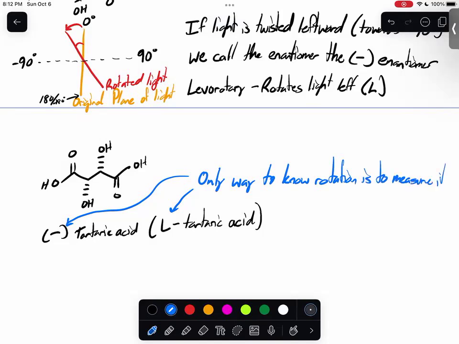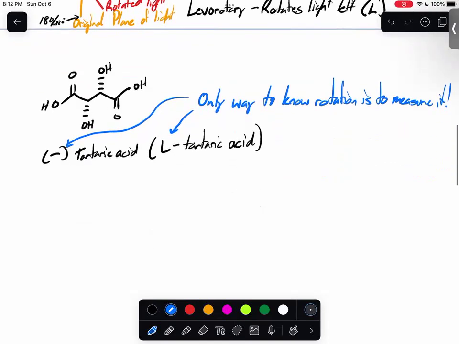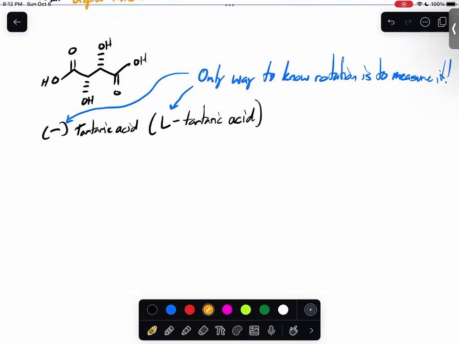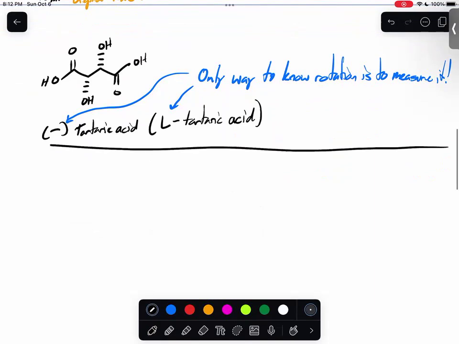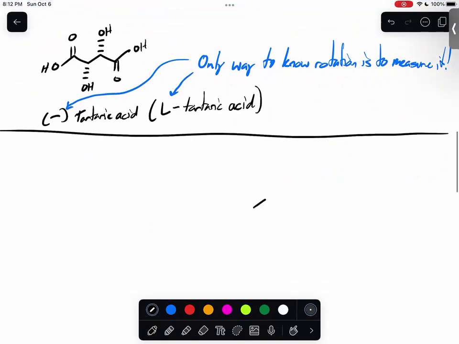All right. With that said, we can also take a look at the other enantiomer. If this is the minus, that would mean the other enantiomer, the RR tartaric acid, must be the opposite, because in the case of R, it rotates light to the right.